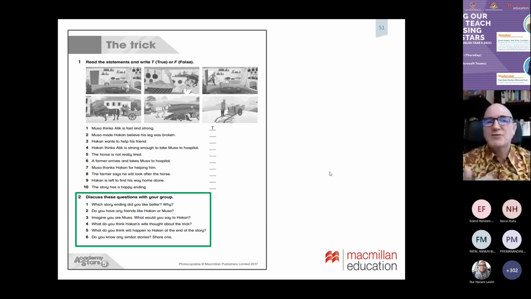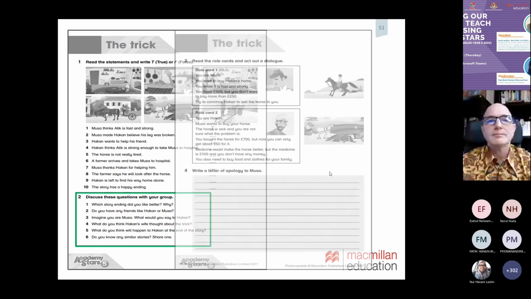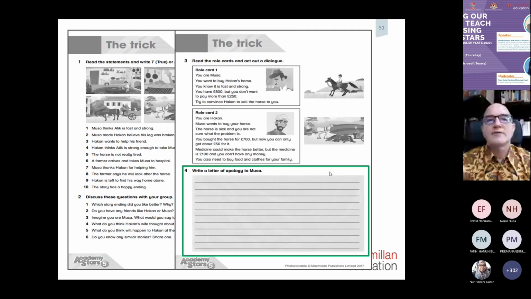But if you're asking questions to your students about a text, just have that in the back of your mind. How can you use those staircase questions to develop those higher order thinking skills? And here's another example of the worksheets that are available to you in the teacher's resources.